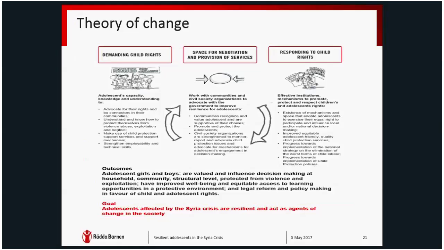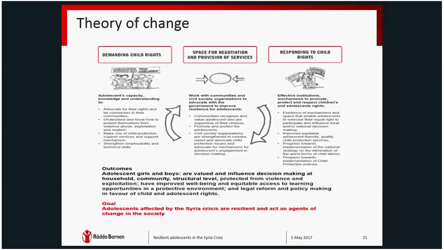And then on the other hand, what you see is in terms of responding to child rights. So we've created the demand, there is a space for negotiation, but are the effective institutions and mechanisms protecting and promoting the children's rights? And then you have intermediary changes in relation to that: laws are being implemented or improved, quality of services, existence of mechanisms to enable children and communities to exercise their rights.